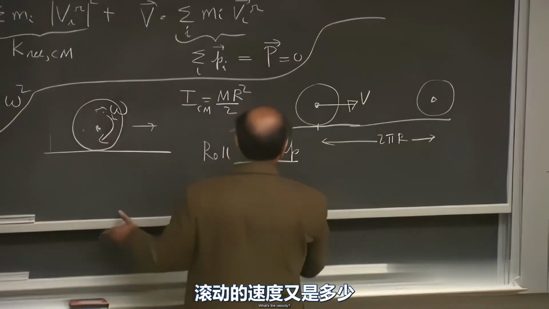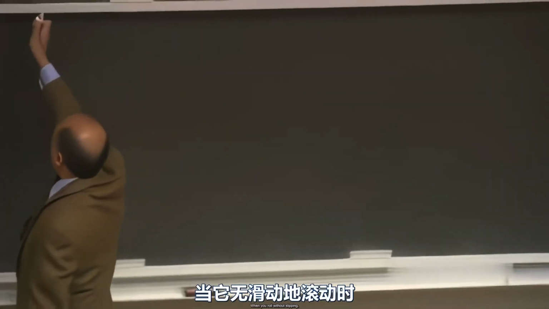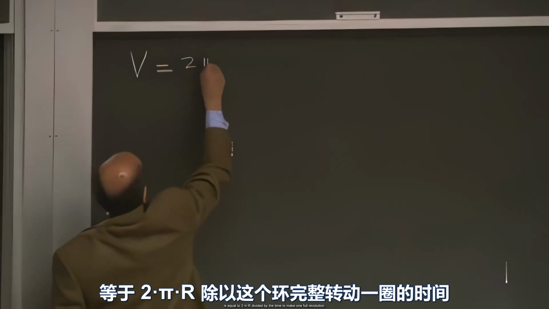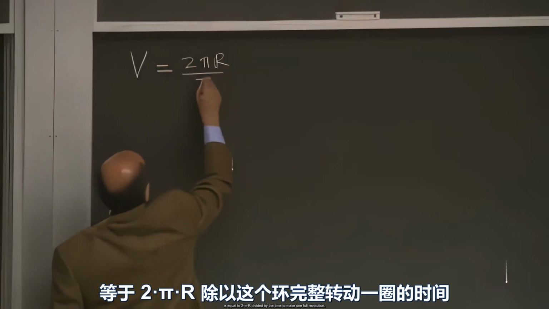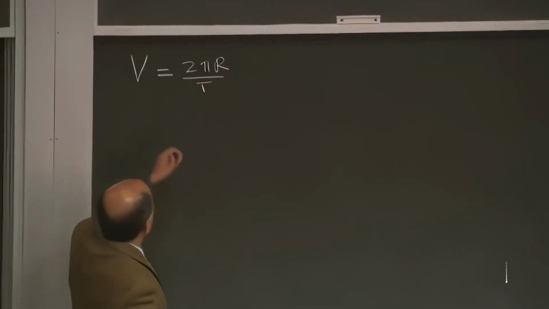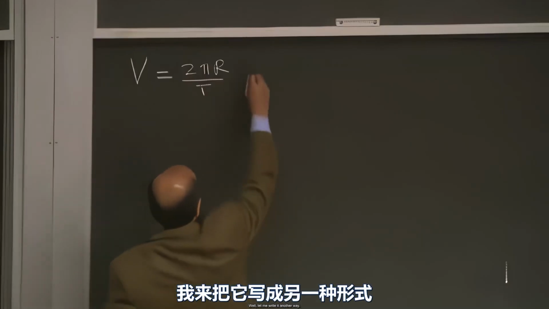What's the velocity? So let's calculate the velocity when you roll without slipping. When you roll without slipping, the velocity of the center of mass, which I always denote by v, is equal to 2 pi r divided by the time to make one full revolution. But what is 2 pi over t? Let me write it another way.